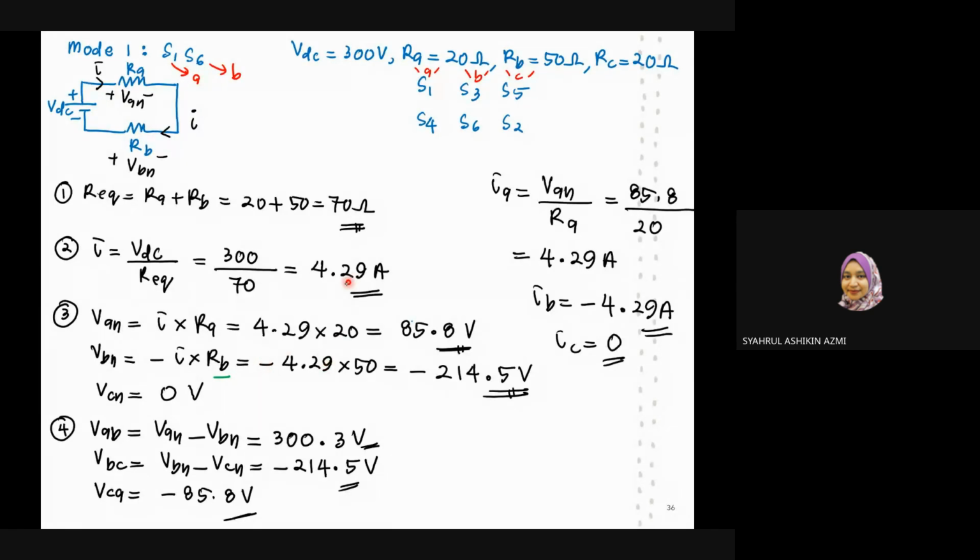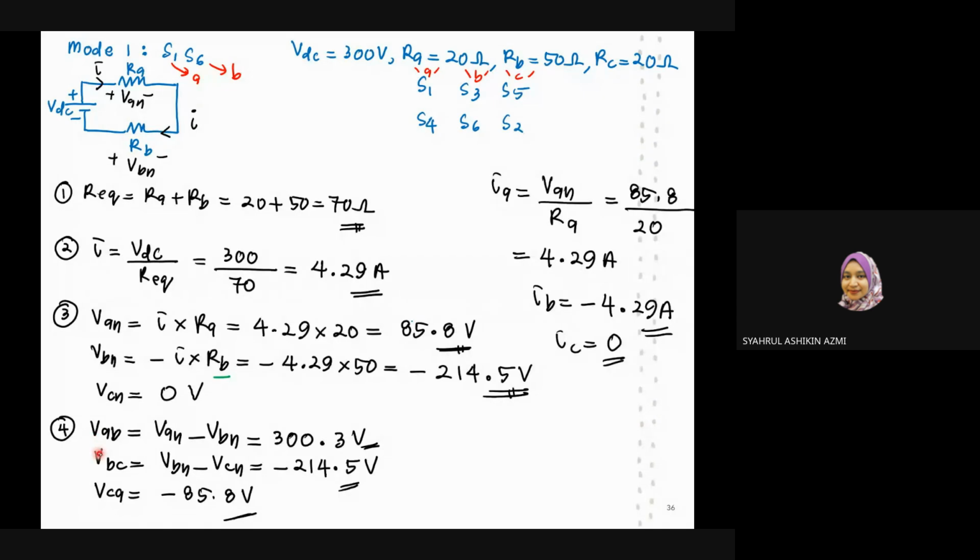Our I, which we already calculated in step number 2, is 4.29, multiplied by RB, given in the question as 50 ohm. So you get negative 214.5 volt. This is for VBN. Your VCN will be equal to 0 since there are no switches turned on for phase C.